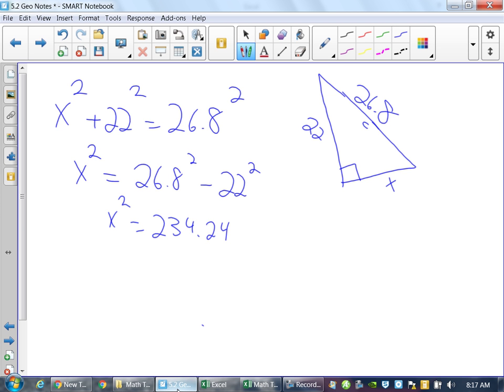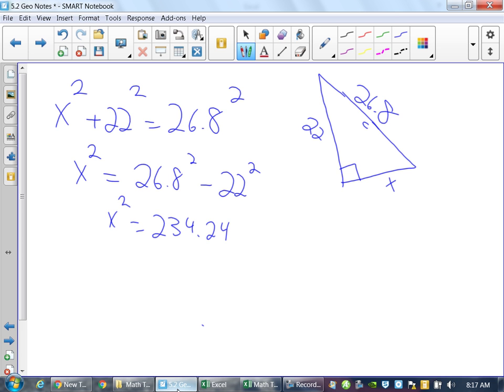How do you undo squaring? Square root. Do you guys know how to do the shortcut of square rooting of an answer? We're going to do this a ton in here. Press second, then press squared.